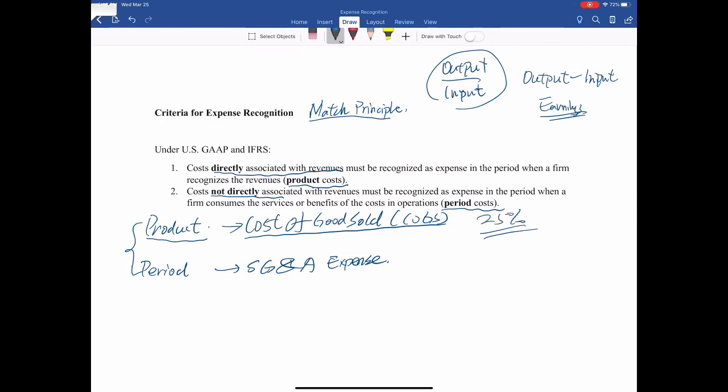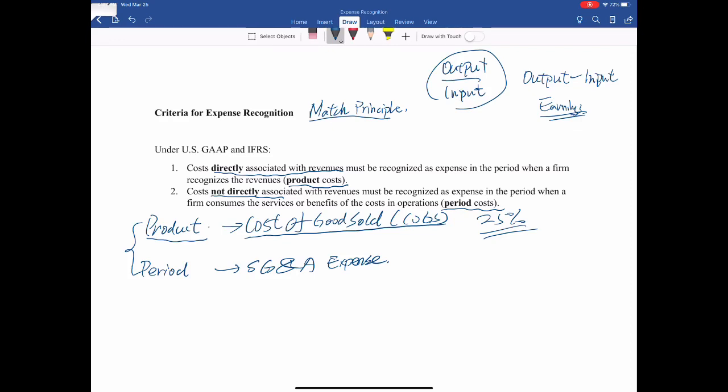This is also true when you analyze a lot of firms. By learning common size analysis, you will have the percentage of cost of goods sold over revenue. In the short term, or in a few years, the relation between the cost of goods sold and revenue is very stable, unless the firm changes its product mix or improves its production efficiency.